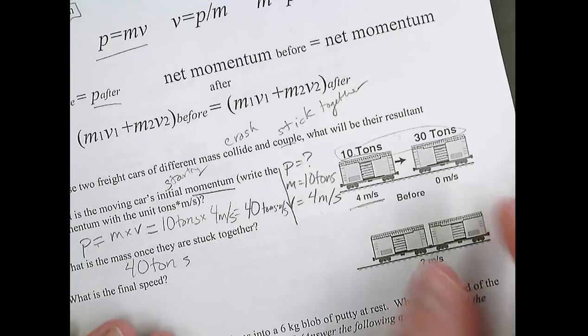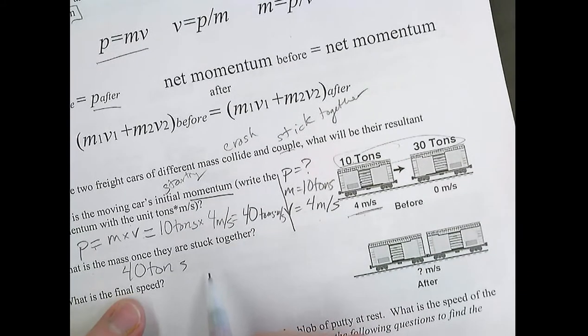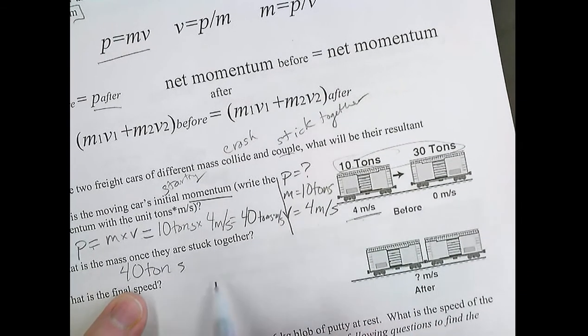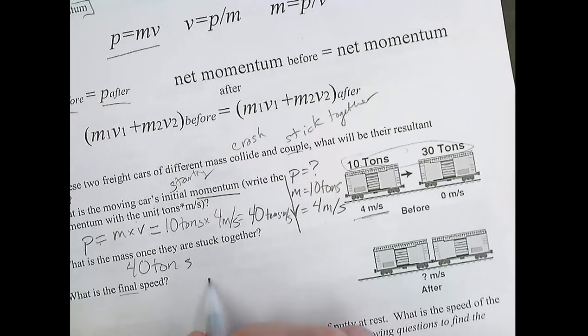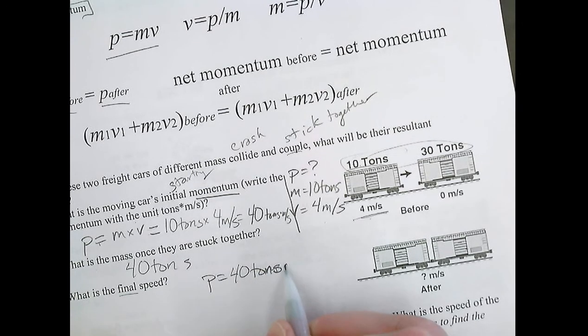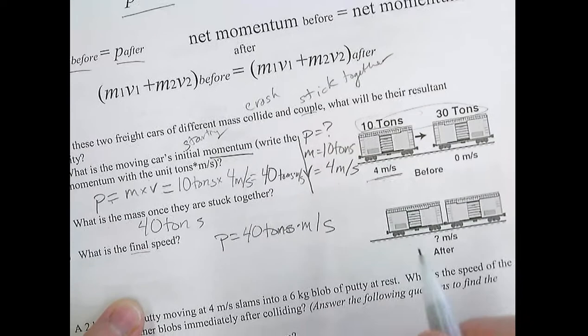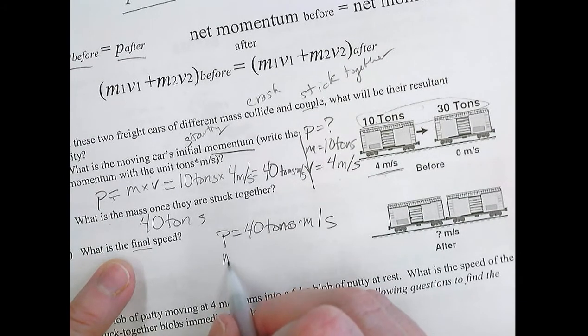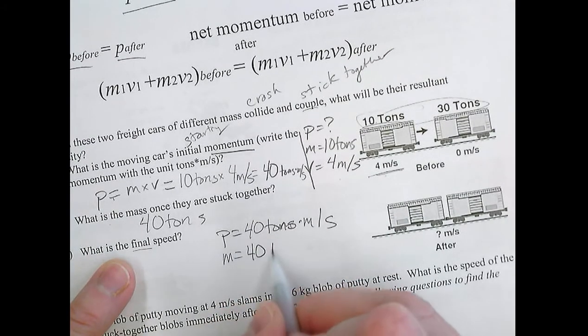Now, what's their final speed? So let's list what we know. We know that at the end, the momentum is the same as the momentum was: 40 tons meters per second. We also know that their mass is 40 tons.